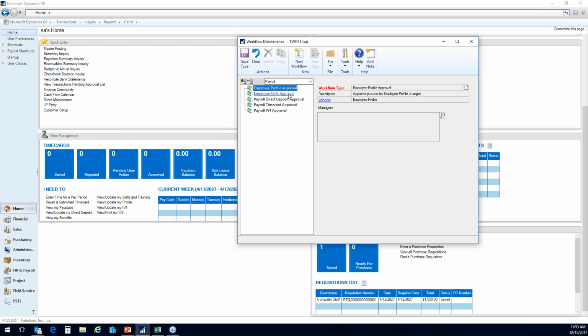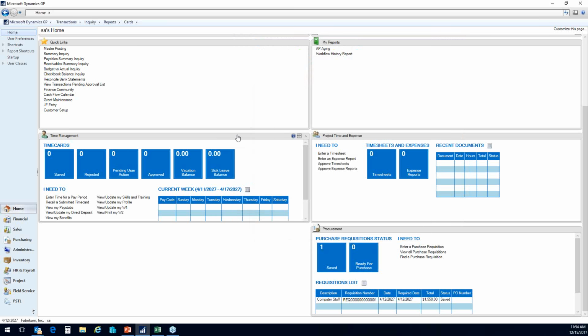Well, we want the HR manager to look at that to make sure everything's documented, and if there's a license or a certification, that we know how that goes and when it expires, and so on. And then there's some workflow around project. If we have project accounting requirements, people putting time and expenses to projects also have the ability to end up needing workflow approvals.